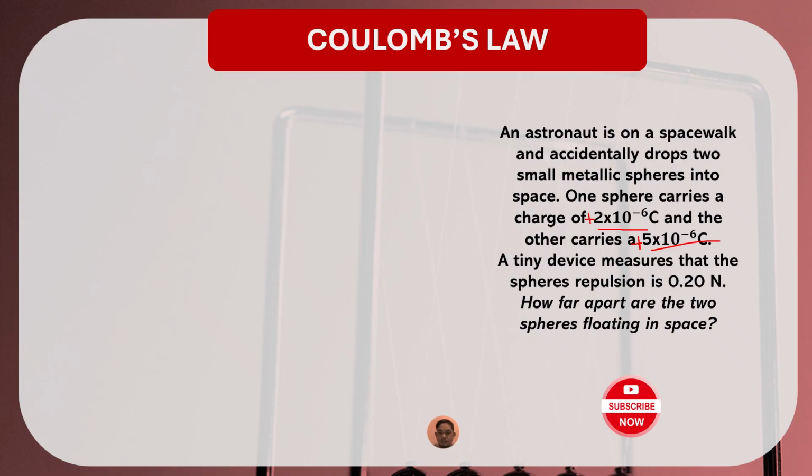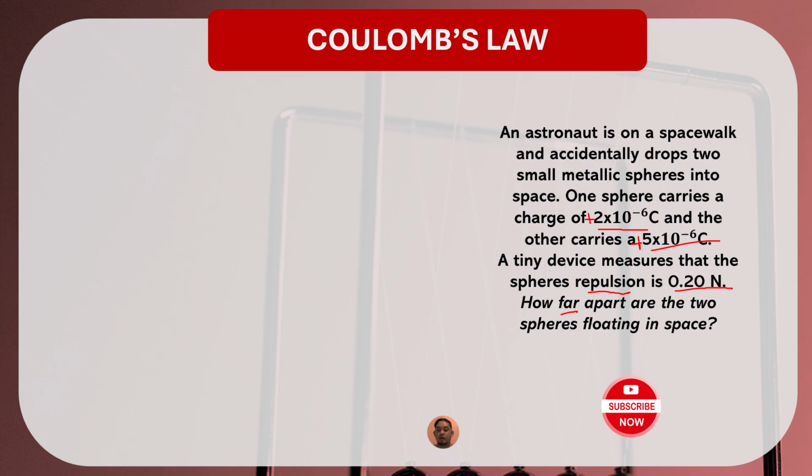A tiny device measures the interaction, the repulsion, it repels because obviously positive and positive. The force of repulsion is 0.20 newton. The question is, how far? So we will be figuring out the distance between these two positive charges.